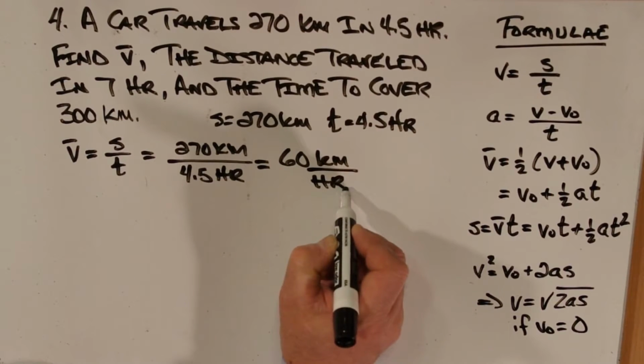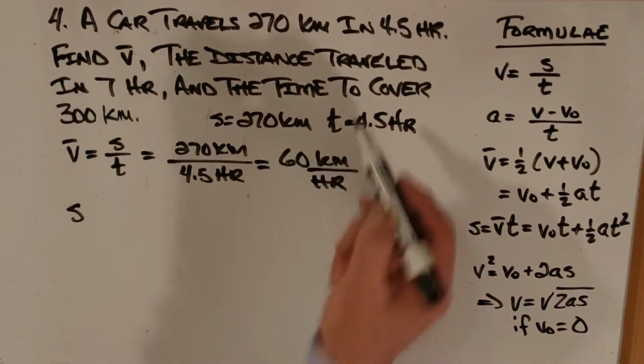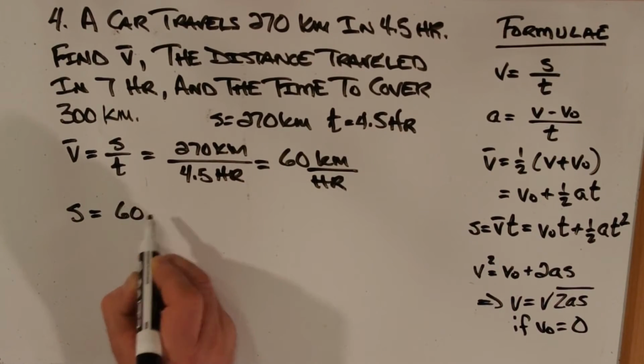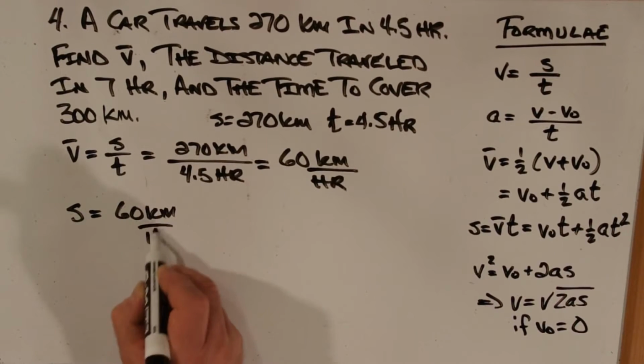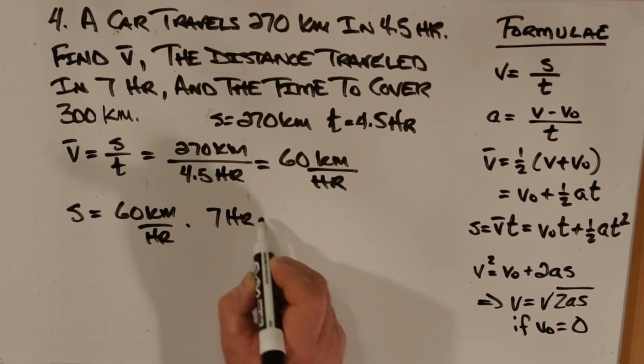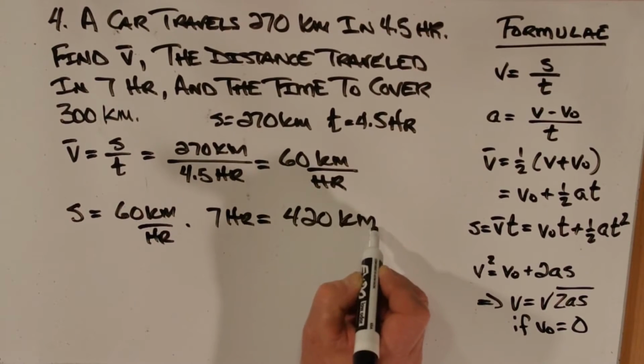Using that as a velocity, the distance traveled in 7 hours will equal 60 kilometers per hour times 7 hours, the given time. And we come up with a distance of 420 kilometers.